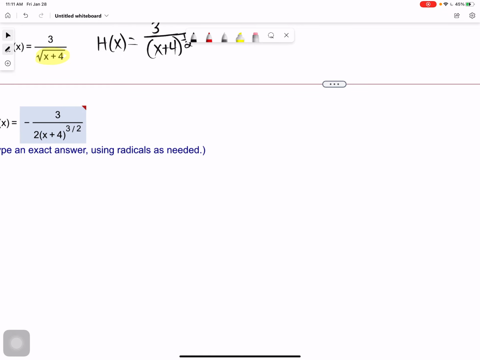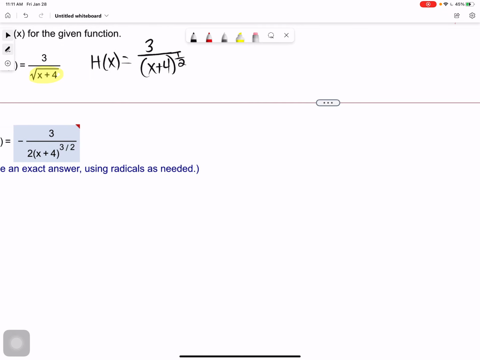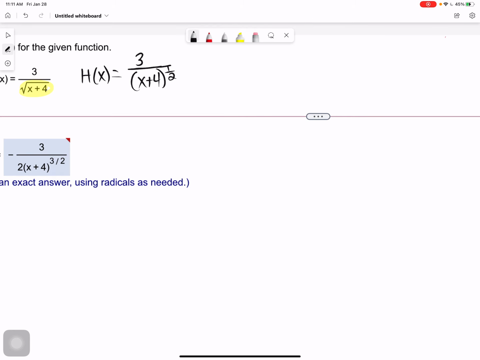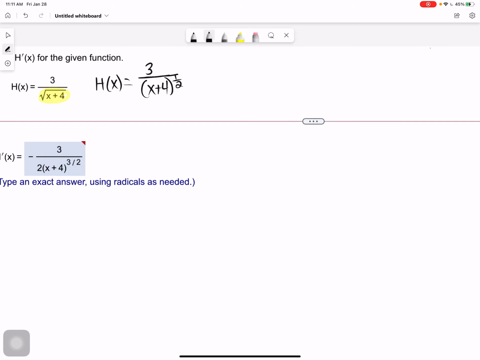Now, we're going to take that and find the derivative by using the quotient rule. Now, the quotient rule, if you remember, is, let's write this in a different color. The quotient rule says that if we want to find the derivative, we're going to take the bottom and multiply it times the derivative of the top, then subtract the top times the derivative of the bottom.